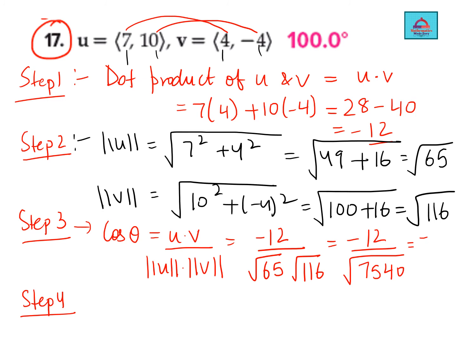So let's first calculate the square root. The square root of 7540, the denominator, is 86.83, and the numerator is negative 12.